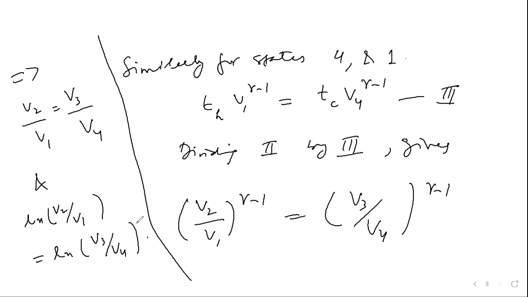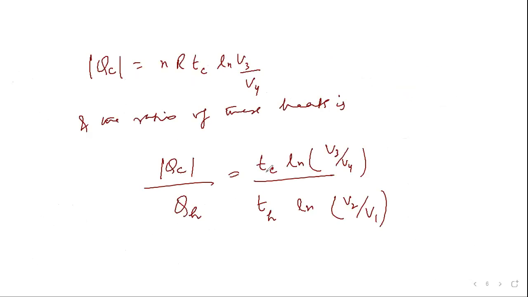So therefore, we can cancel the logarithmic terms in our previous equation. Let us move to this equation. Let me name this equation A. We have proved that the natural log of V3 by V4 is equal to the natural log of V2 by V1. So these two terms can cancel out.